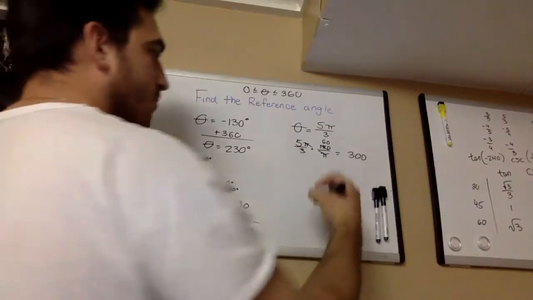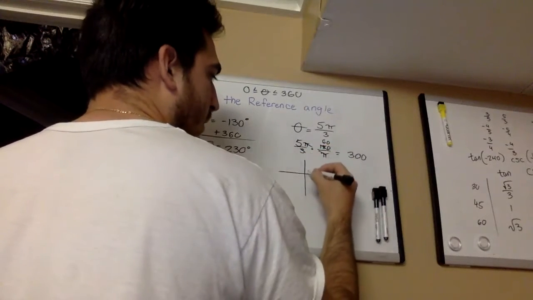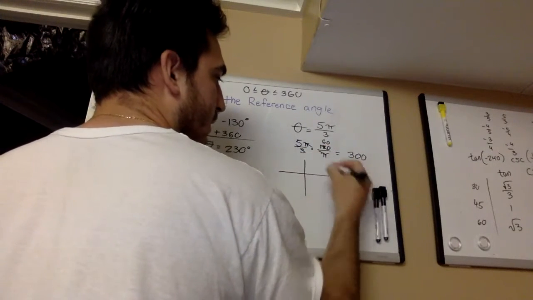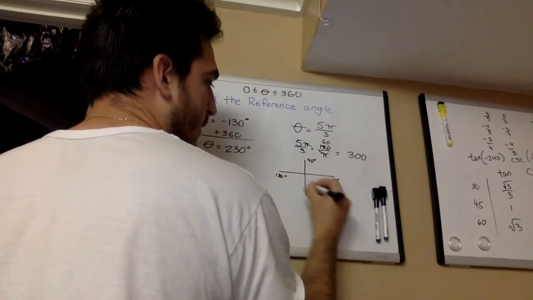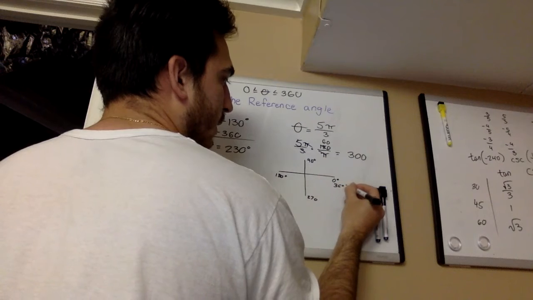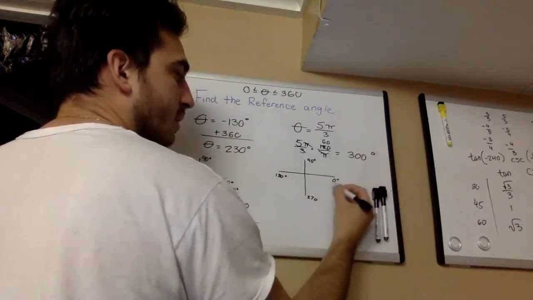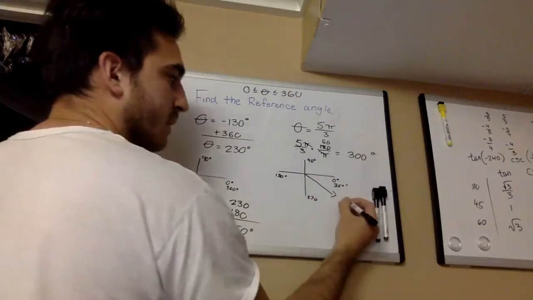So after that, I'm going to sketch my graph. So here, I have, again, 0 degrees, 90, 180, 270, 360. So since I have 300 degrees, it's going to be in this range. I take my line and I draw it here. This is 300 degrees.